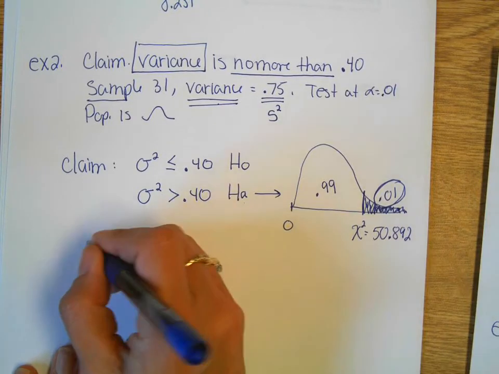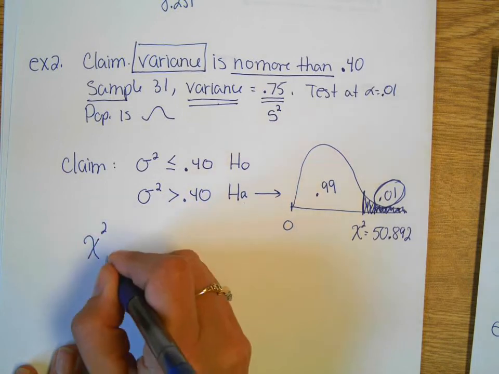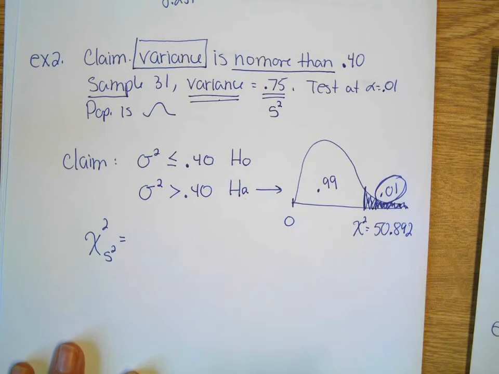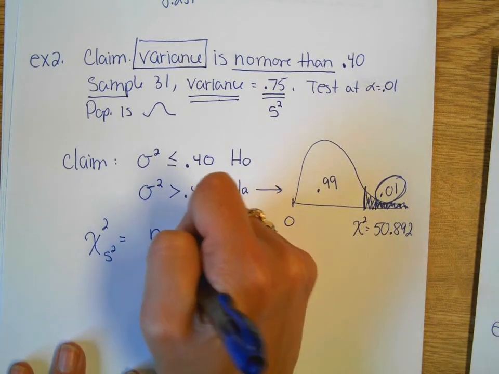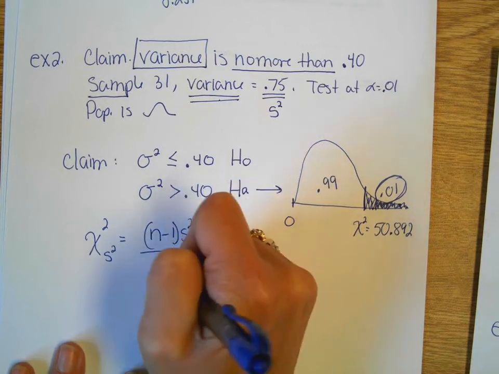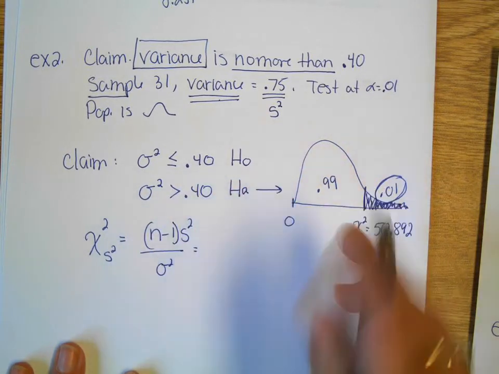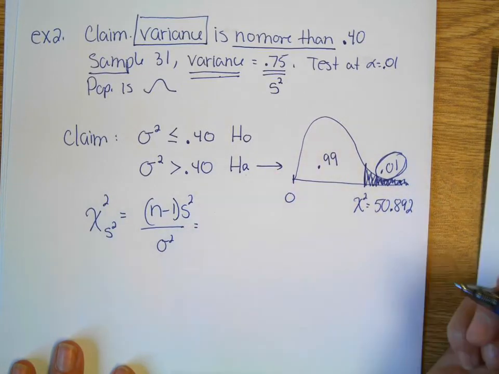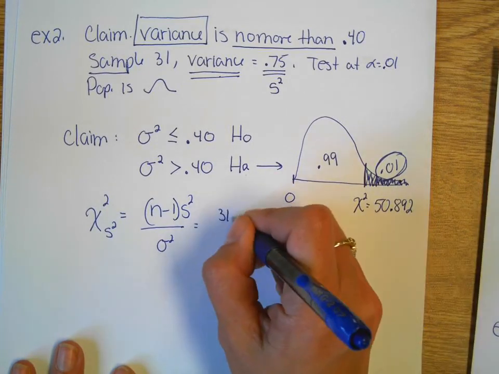So the formula to convert that S squared into a chi-square, I'll just write the formula so you have it: n minus 1 times s squared over sigma squared. But we don't put it on the S squared or sigma squared. So n, what's my n? 31.